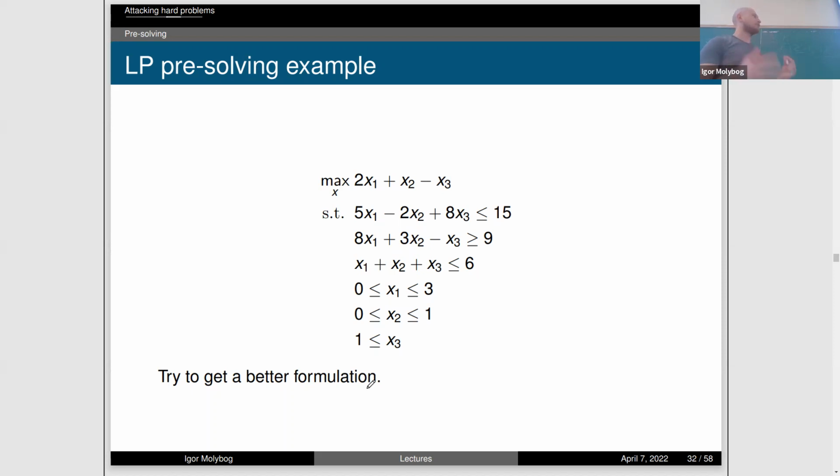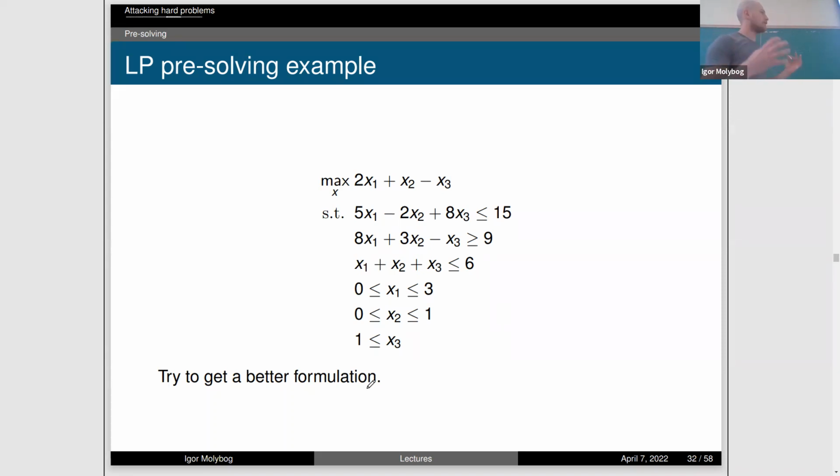It's also extremely important to have better formulations, even if it's not very tight. Even if it's not perfect, it still helps in computation, especially in the context of the branch and bound algorithm. Branch and bound will have less branching and will converge faster if you have a better formulation.